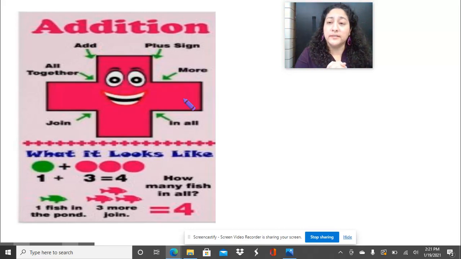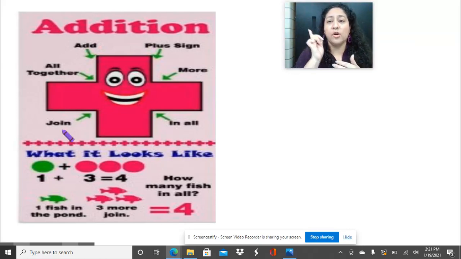Here are some words that once you hear them, you're going to know that what they want you to do is to add. All right. Sometimes you're going to hear, add these two numbers, or put all of these things together to figure out how many you have. Or you might hear things like, there was one bird and two came to join them.